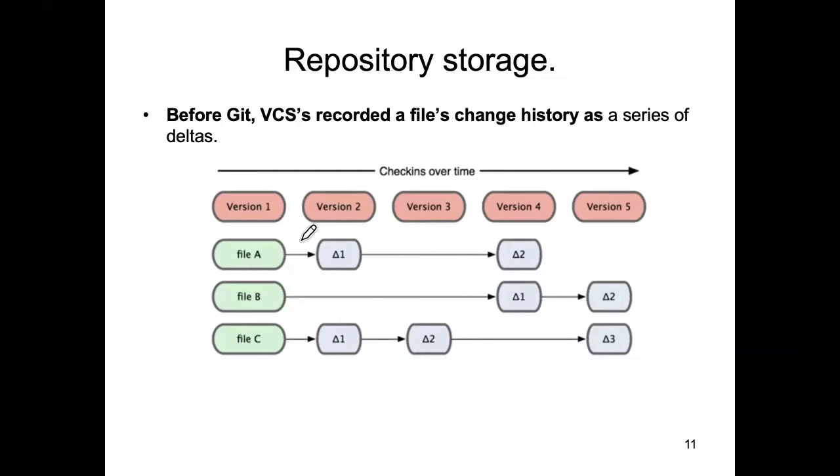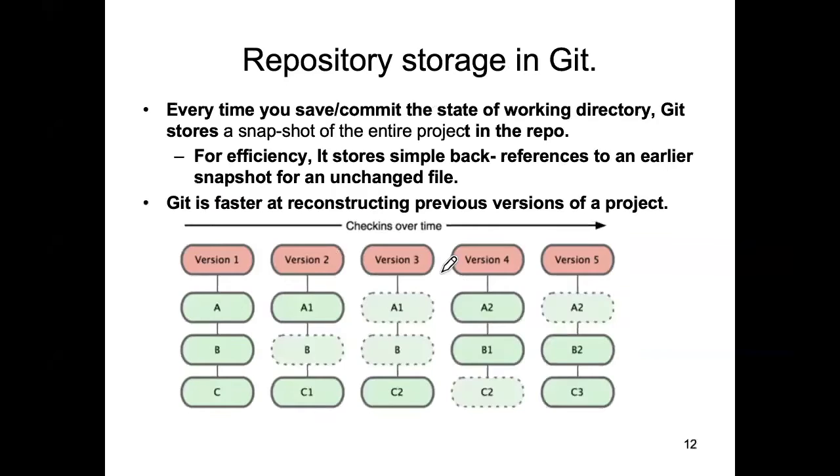It actually has to compute them using the initial state of the file and the various deltas that have been applied to it. That's how version control systems used to work in terms of how they stored the changes to your files over time.